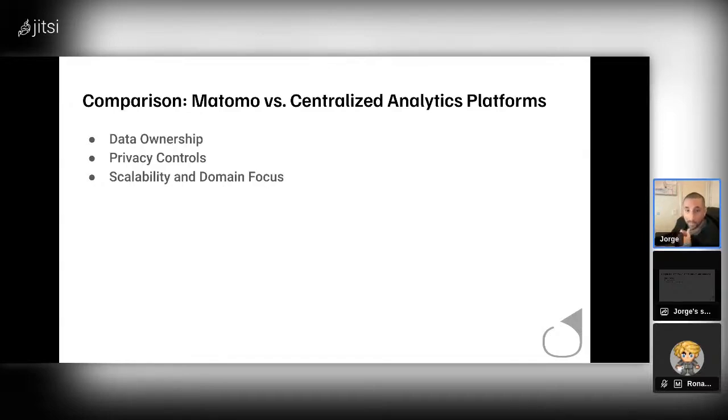Centralized platforms often provide some privacy tools, but they may lack the depth and flexibility of Matomo's on-prem options, especially since data is stored externally, limiting control. Matomo's robust privacy controls make it a top choice for privacy-focused organizations, especially those with complex compliance needs across regions.